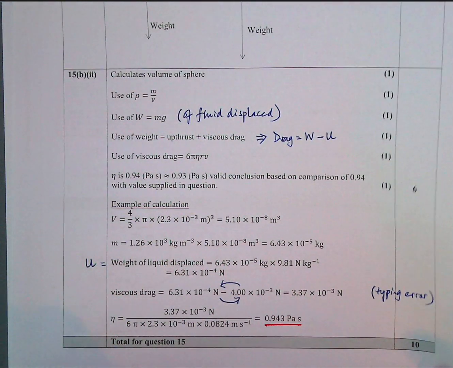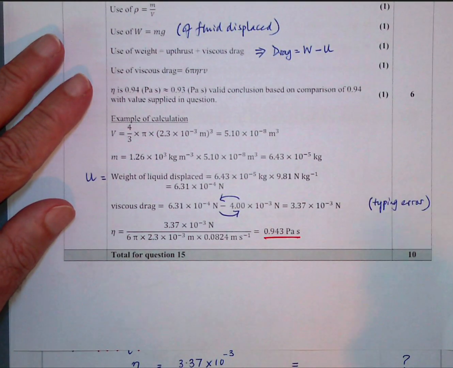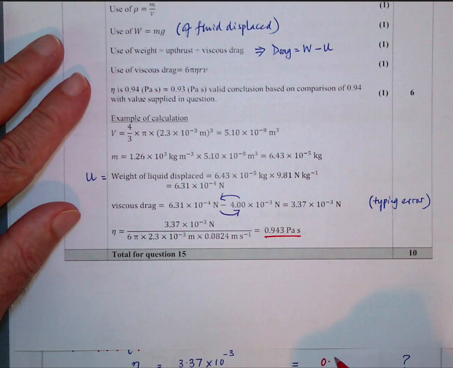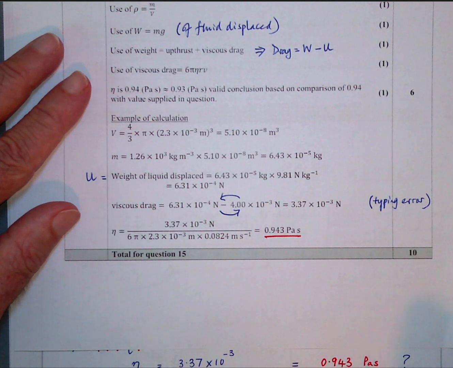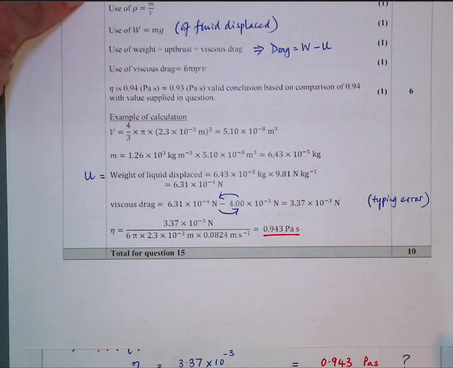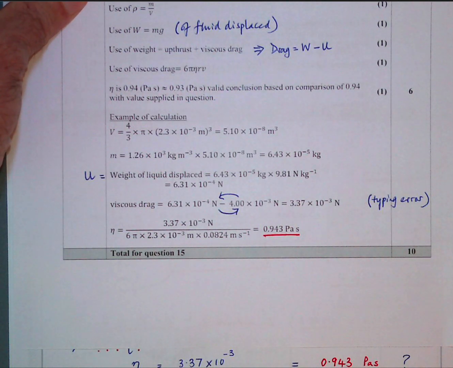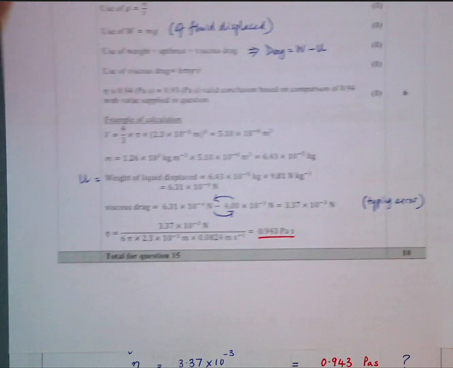So if I put that value in, the answer comes to 0.943 Pascal seconds, and then you've got to say, does your calculated value equal the one provided in the data above? Let's have a look.